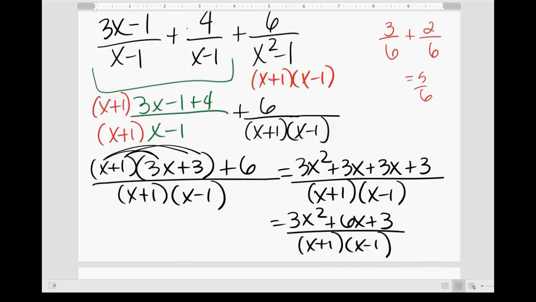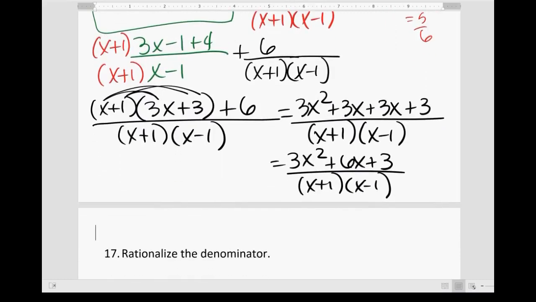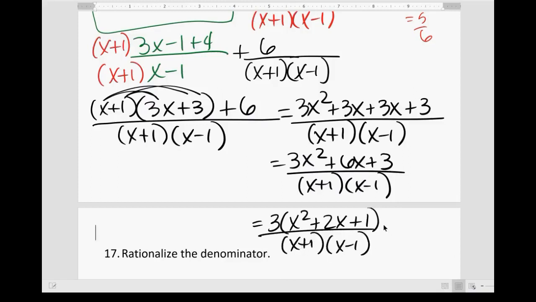I want to factor the numerator to see if I can cancel anything out. So in the numerator I have a GCF of 3 to factor out. When I do that, I have x squared plus 2x plus 1 over x plus 1 times x minus 1. And now I want to factor this trinomial.